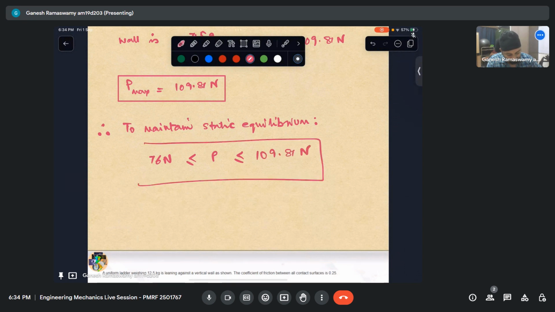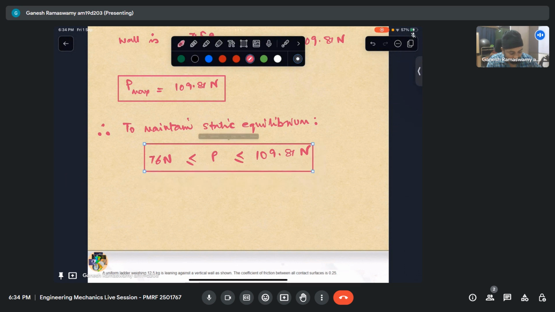So this is my workable range for P. If it exceeds or if this condition is violated for P, then static equilibrium is no longer holding good, in which case there will be some acceleration. So I take it that this is clear.